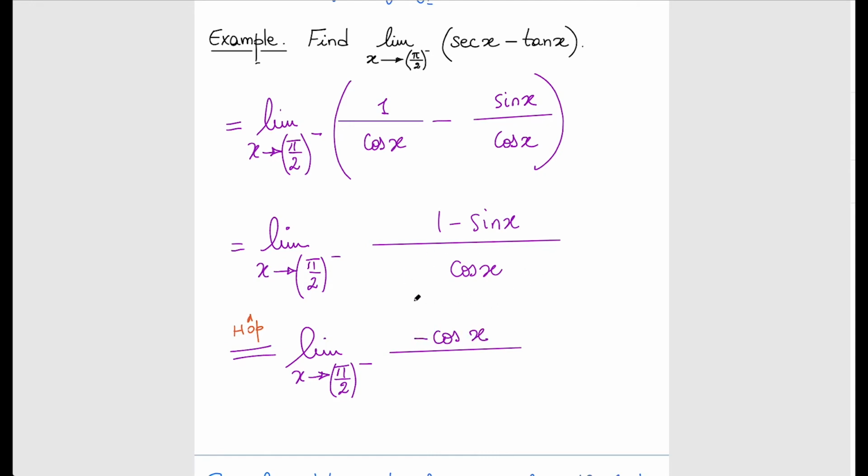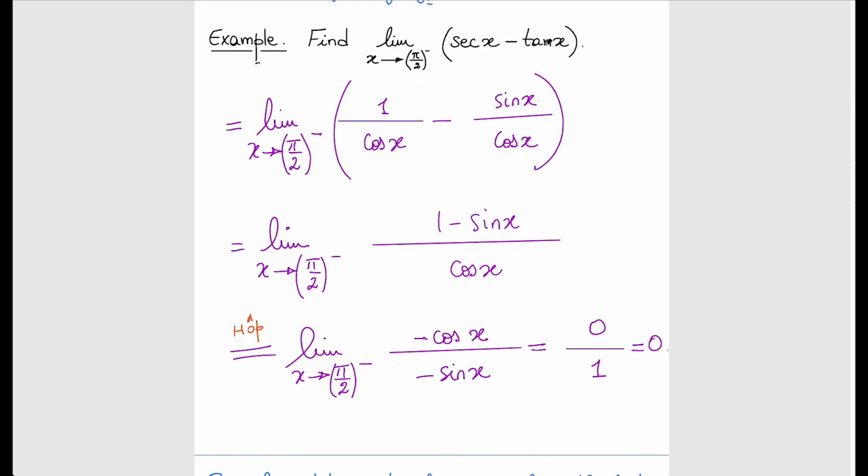And if you differentiate the function downstairs, that's minus sine of x. Correct? Clearly the minus and the minus cancel each other. That's positive 1. Cosine x, as x goes to pi over 2, the function upstairs goes to 0, and the function downstairs goes to 1. Correct? So you get 0 over 1, which is clearly 0.